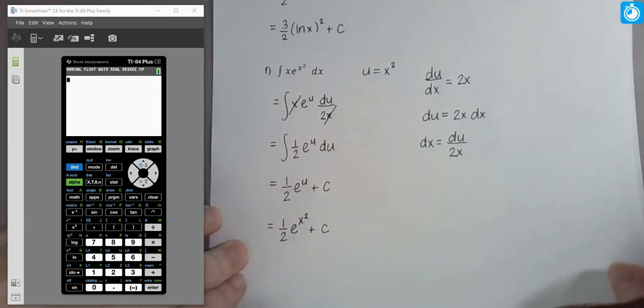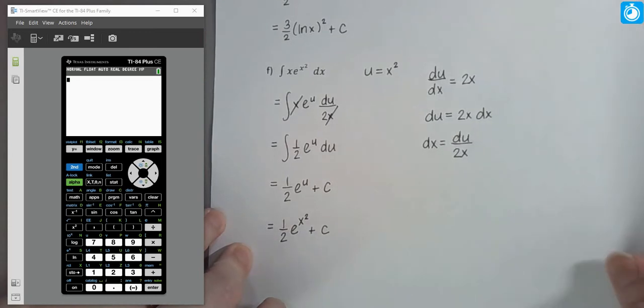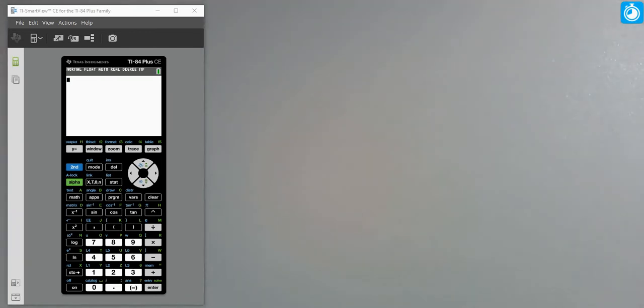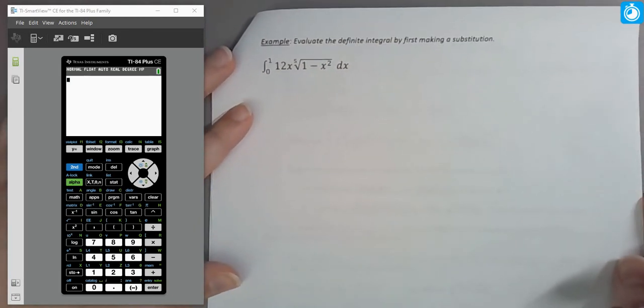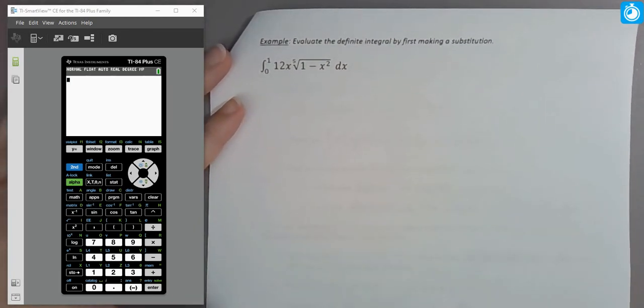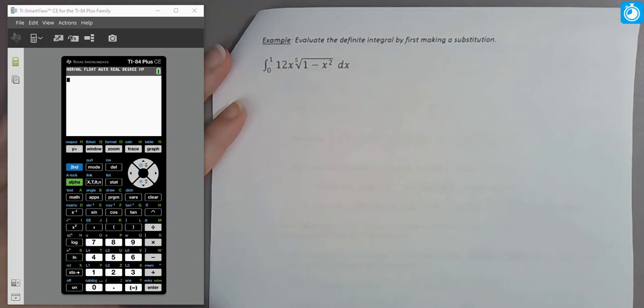Okay, so for our final example, let's see what happens when we have to calculate a definite integral. Again, not much changes. The strategy is the same. The only thing that we have to remember is once we make our resubstitution at the end of the problem after we integrate, we have to make sure that we don't forget that there were originally limits of integration, and we need to apply those.